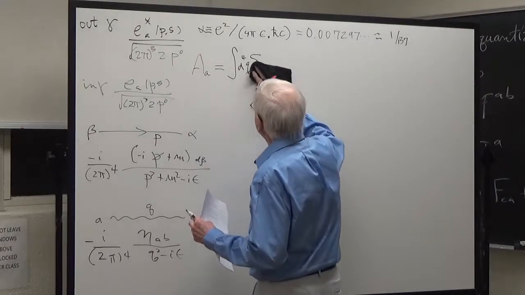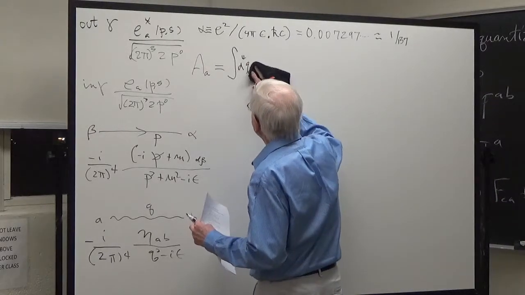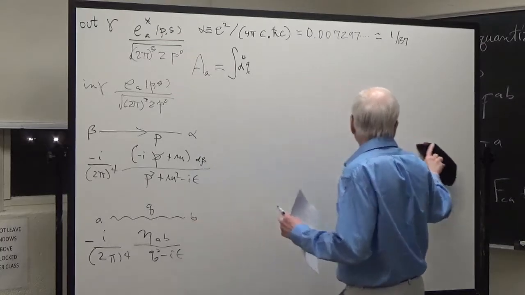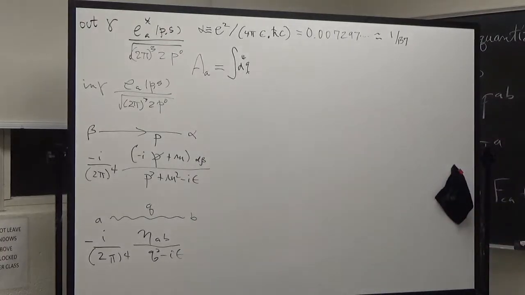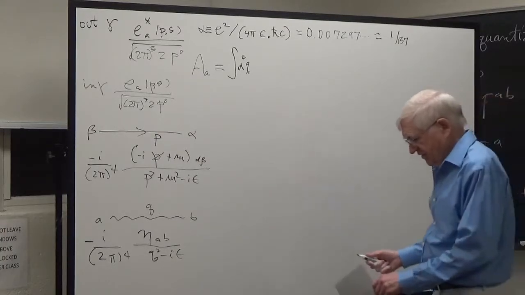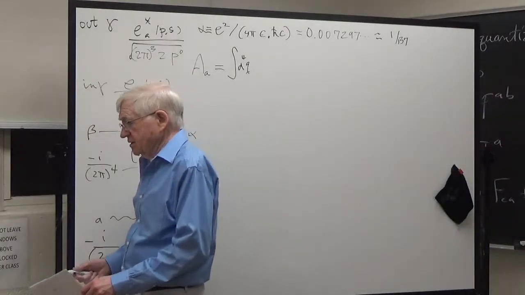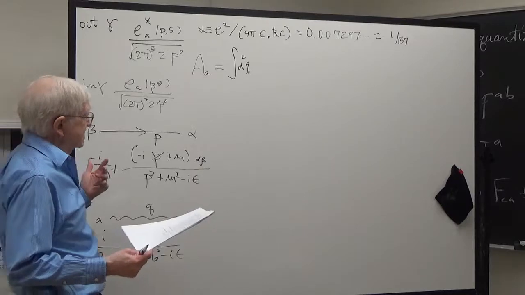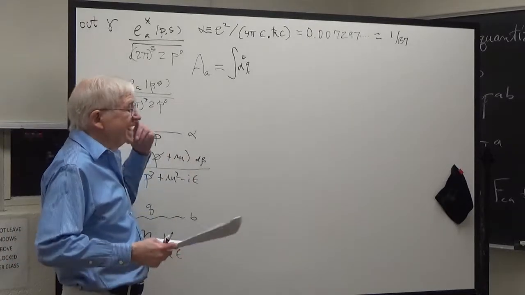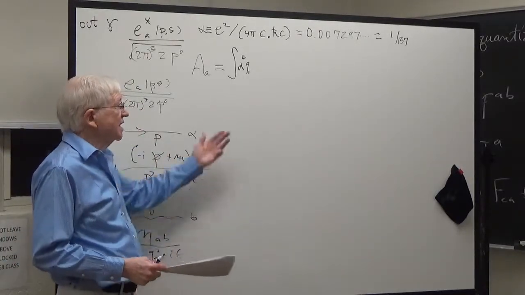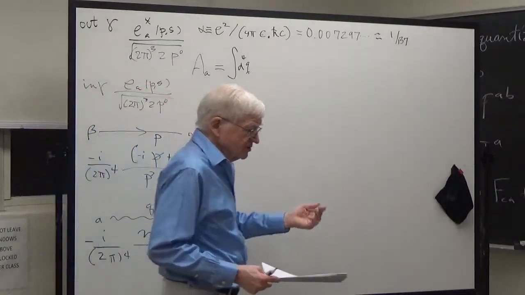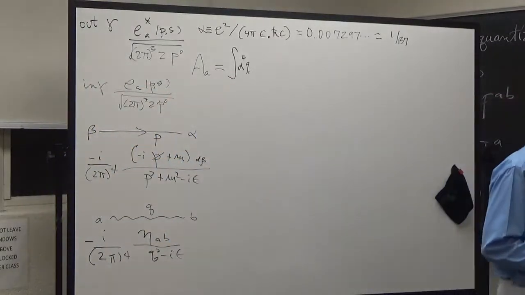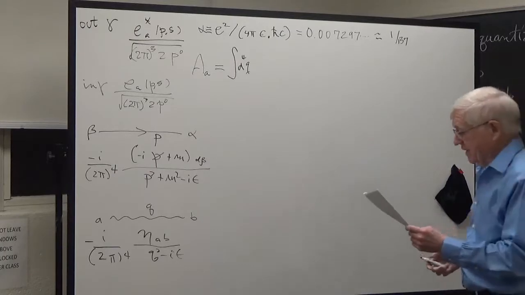If you don't sum over initial spins and final spins, then the end of the first stage of the calculation comes very rapidly because you don't do any sums over spins. And so that's what I'm going to do now.